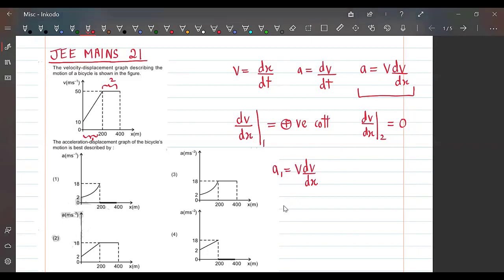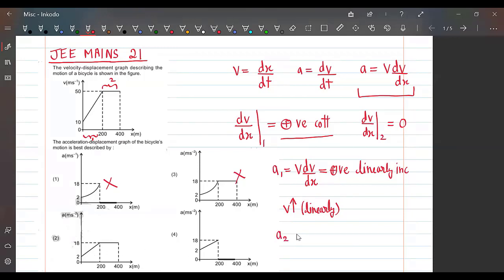Velocity is increasing gradually and linearly, while dv by dx has a positive constant value. So this should be positive and linearly increasing. So these two are out of our options, and these two might be possible.